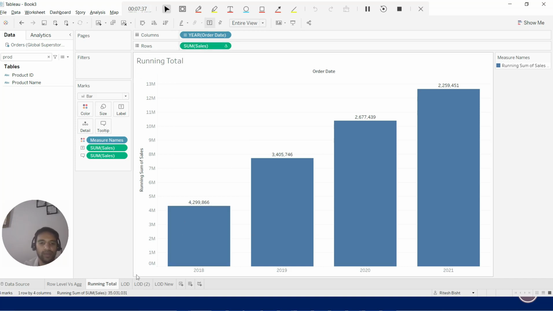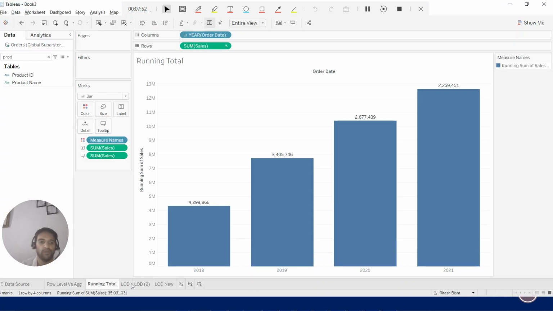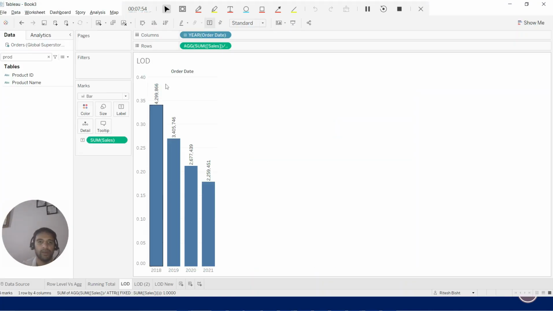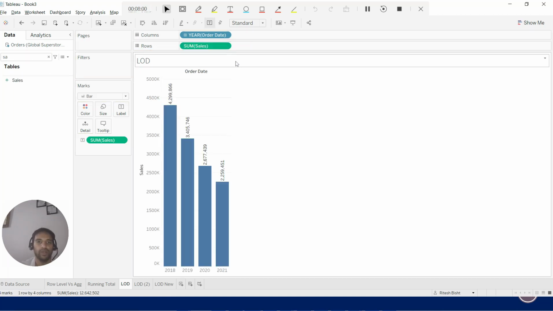Last but not the least, we are going to talk about the level of detail. If you go with the definition, level of detail expression is used when the aggregation has to be computed at a different level of detail than the viz level of aggregation. So if I talk about the viz level of aggregation, for example this one, if I just do it from scratch. Again, the viz level of aggregation is at year level, right?